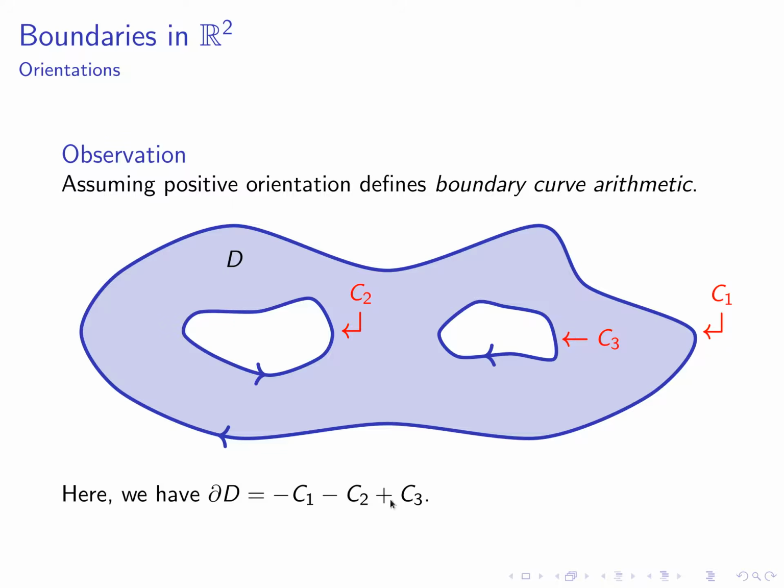And then we would add C3 because C3 had the positive orientation. So this notation is meant to tell us that C1 and C2 were parameterized in the opposite direction of the positive orientation. And then when we add C3, this is meant to indicate that C3 was parameterized in such a way to respect positive orientation.